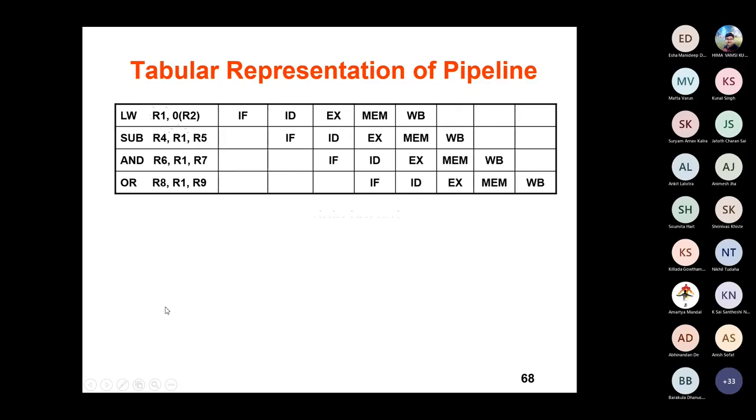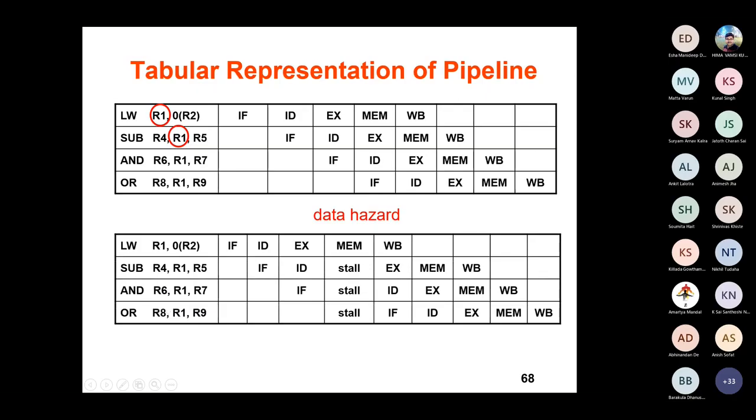So then you may insert a stall here. You may insert a stall here also, but you may insert a stall here also. It doesn't matter. All you need to do is to push this execute stage after the previous mem stage.